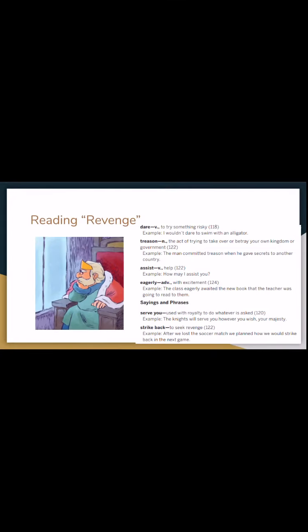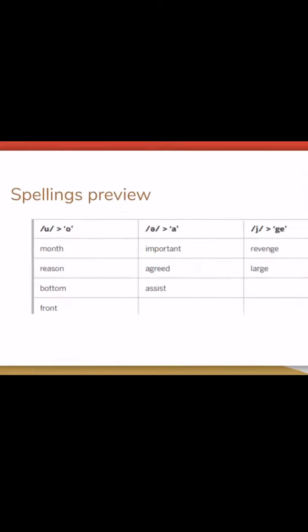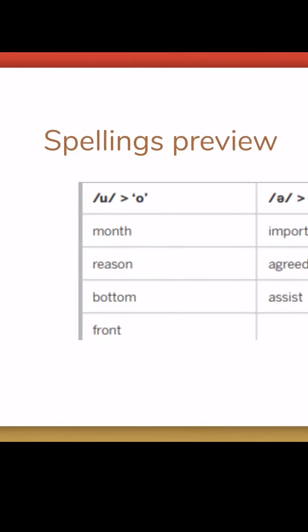Okay, now that we went over all of our vocabulary words, let's go on to our spellings preview. In our first column, we have O making the uh sound in all of these words: month, reason, bottom, and front.